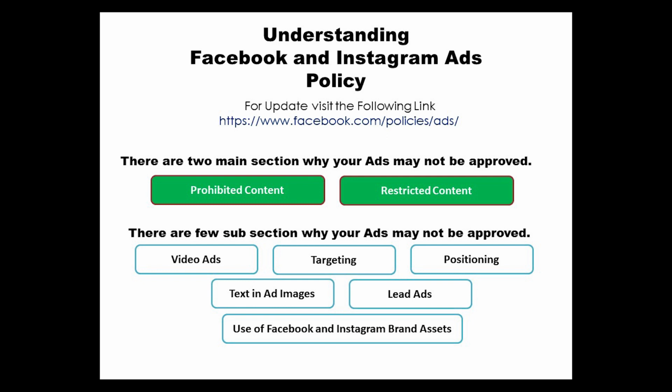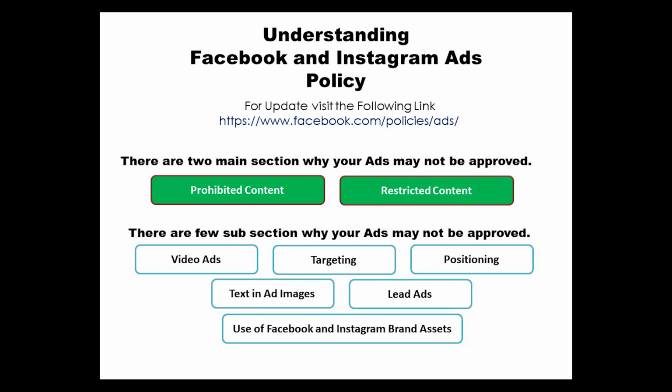Okay, when I have read this policy, I found that there are two main sections where your ads may be approved or may not be approved. So we have two sections, as you can see here. One of them is prohibited content and the other one is restricted content.